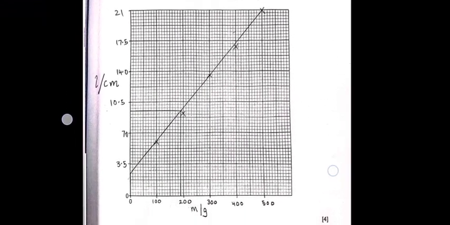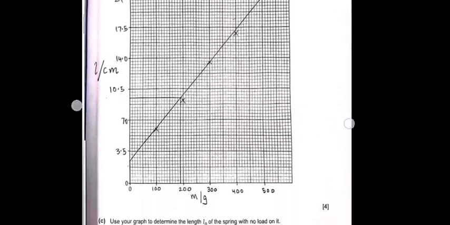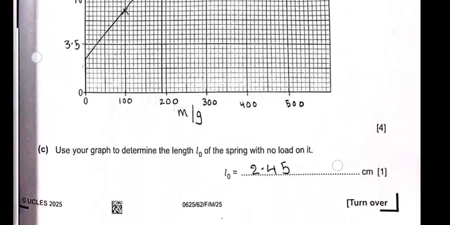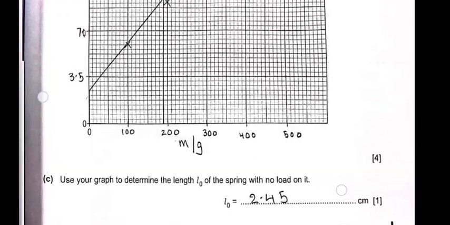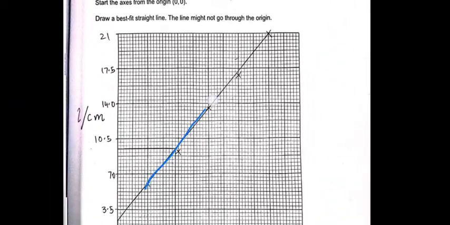Now I have drawn the line of best fit over here, which passes through as many points as possible. Next, use your graph to determine the length L0 of the spring with no load on it. So the line which you will draw will go from here to here.